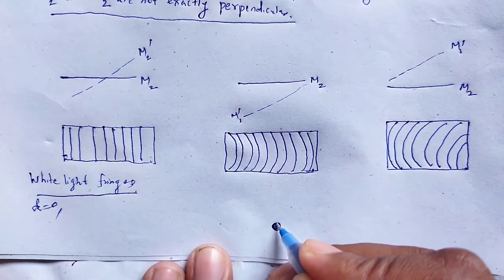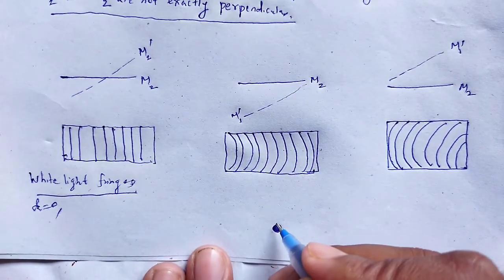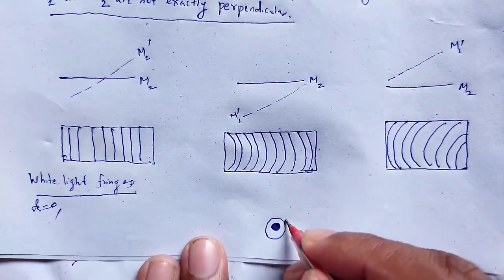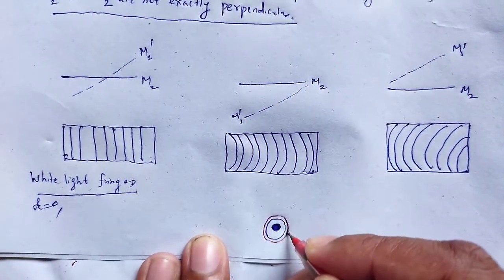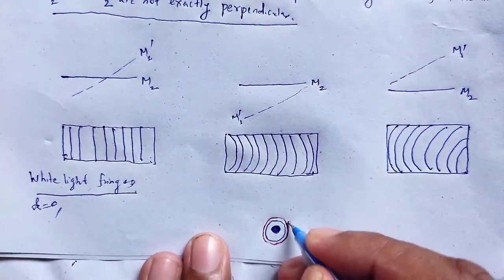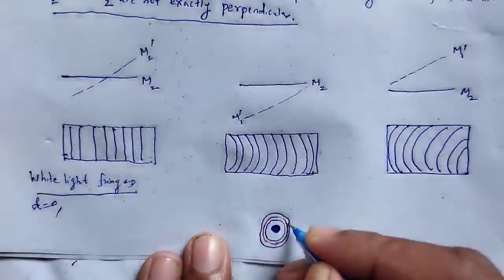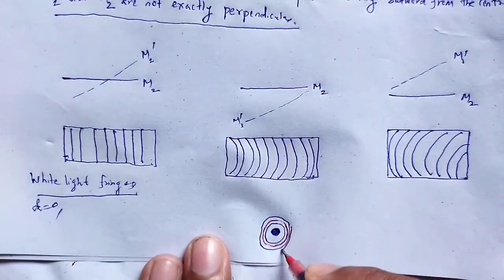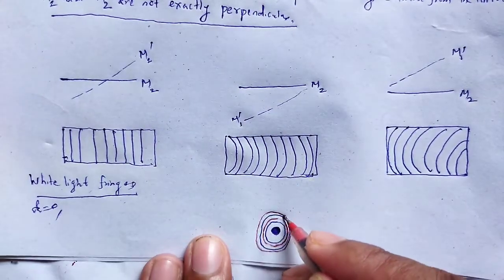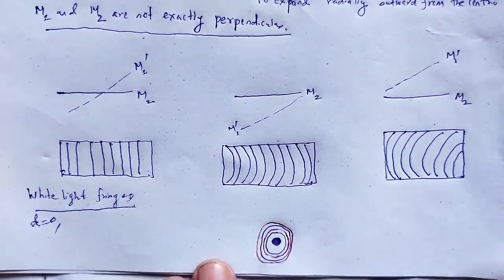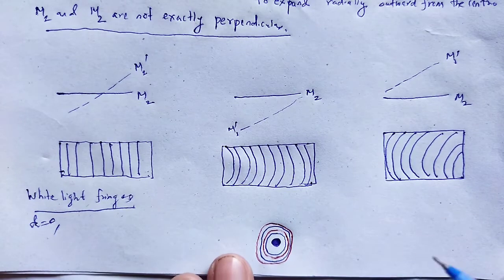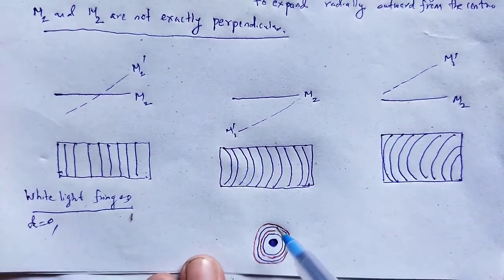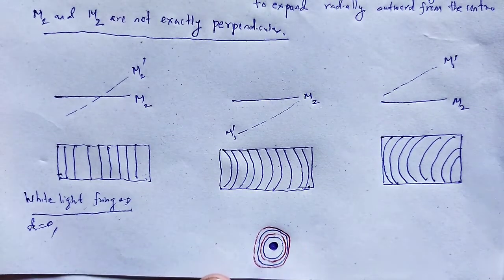Let that be the central dark fringe. So, here color fringes are obtained. Different types of color fringes are obtained, as white light is a combination of 7 colors. So, different colors have different wavelengths. For white light, we observe that kind of interference pattern.